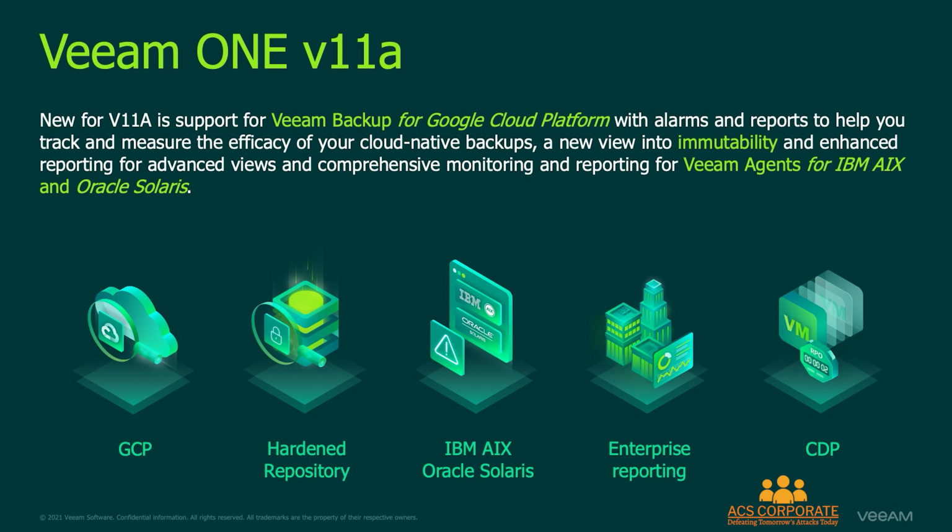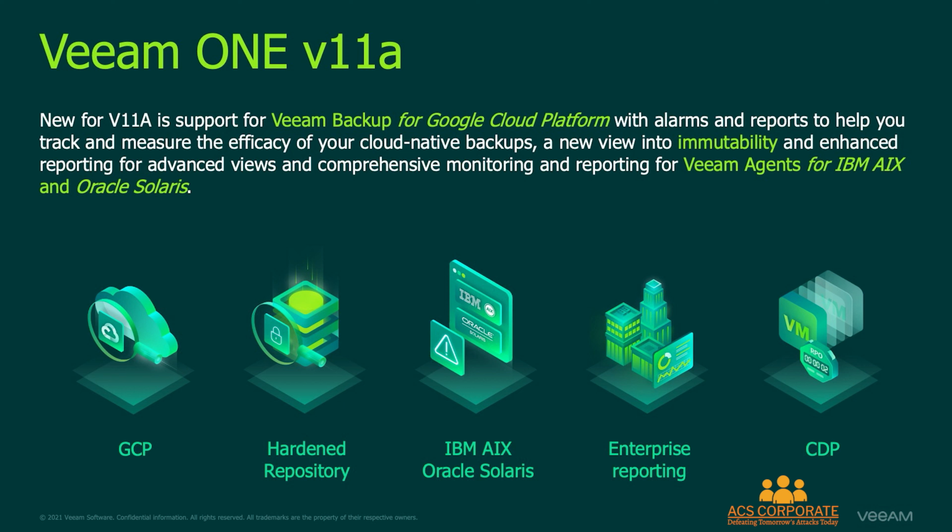This list of categories of capabilities aligns very nicely to Veeam Backup and Replication, having that monitoring for GCP backups, the new monitoring for the hardened repository, which is that ransomware bit that I highlighted, more reporting capabilities in general, but also for those Unix agents, as well as some of the CDP policies that'll be built out.